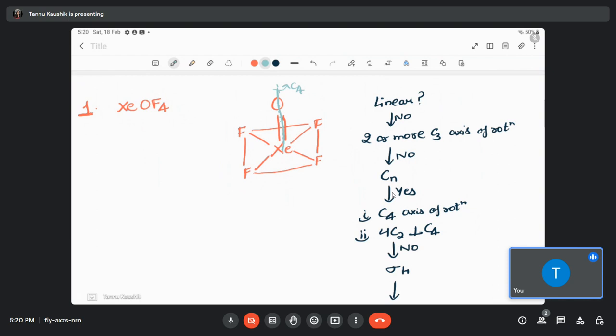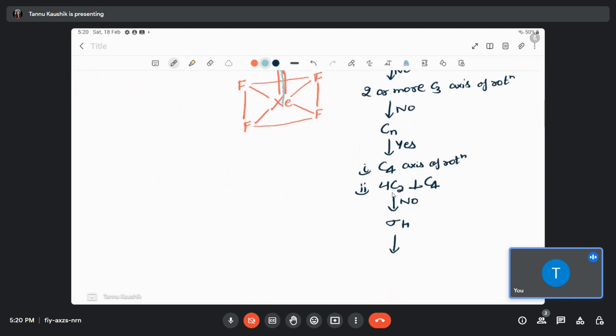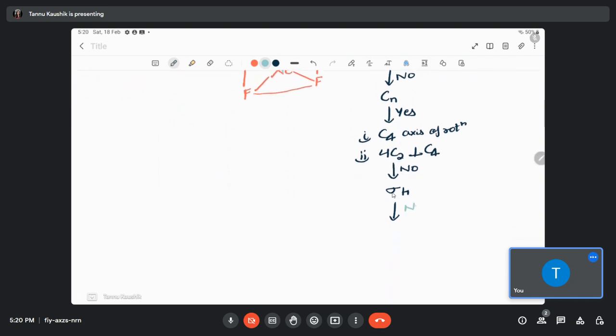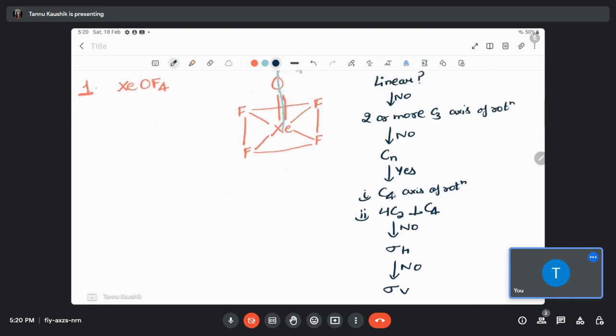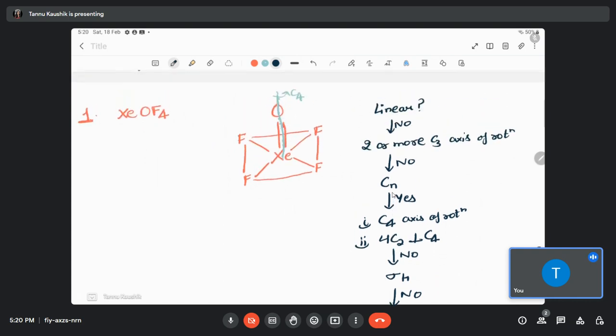So when we do a reflection along this plane, we won't get an oxygen atom below this plane. So we don't have a horizontal plane here. Okay. Now we will move further. Do we have vertical planes here? Yes, we have vertical planes here.